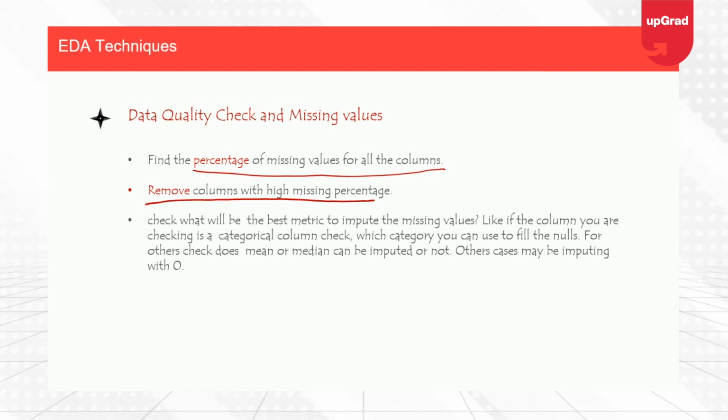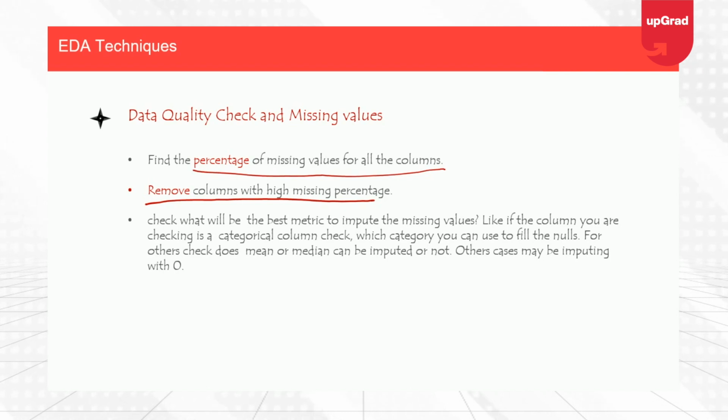Or let us say if there is a numerical column or a categorical column, can we impute or fill the values using the mean of the column, or using the mode of the column, or the median of the column? So can we do that? Or we can simply fill the values using 0.